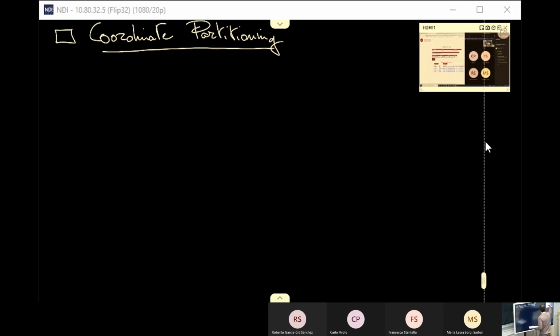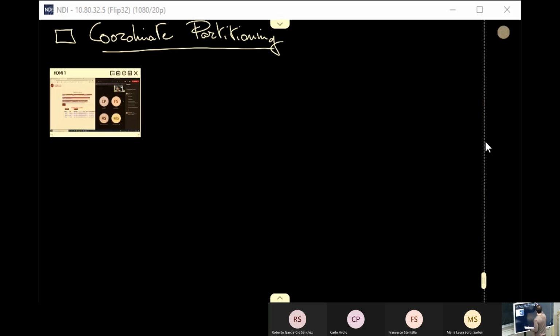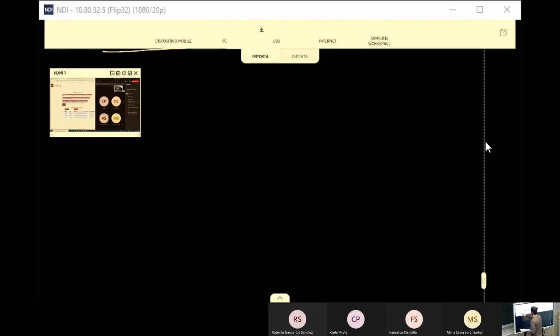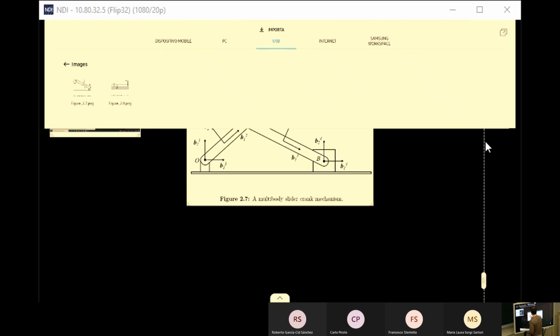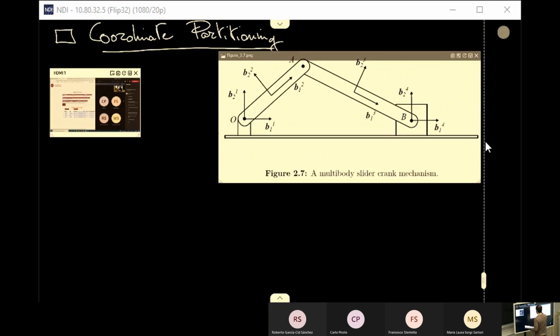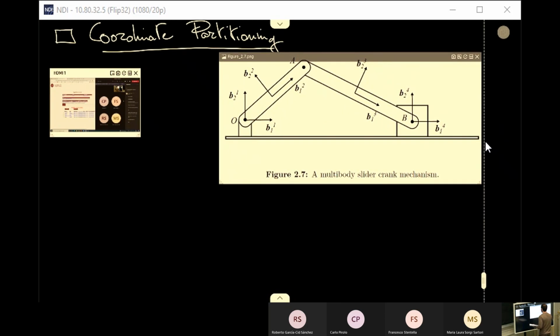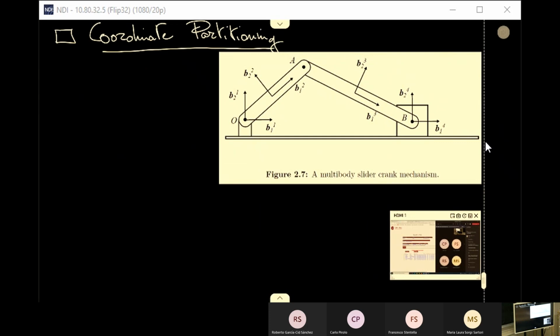And as I said, we're going to go through an example which should be represented here. I think it's this one. Yep. So as you can see here, we have a slider crank mechanism.